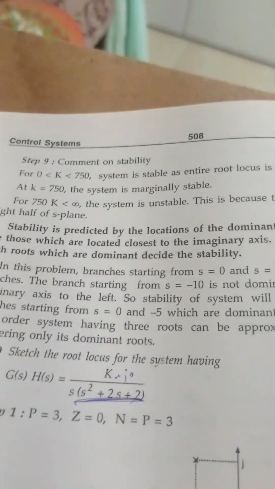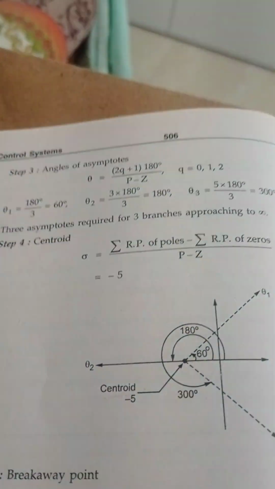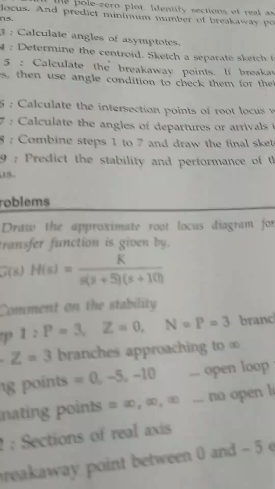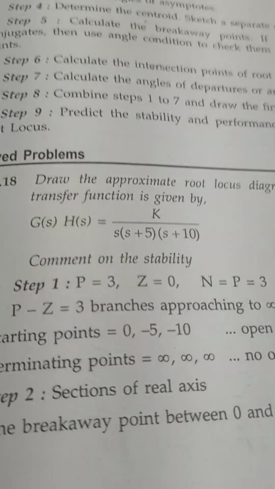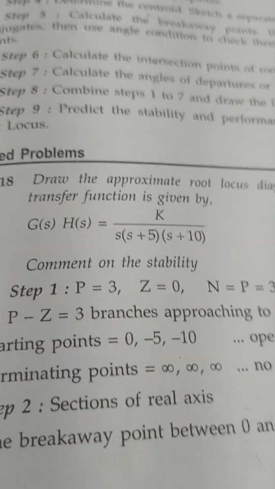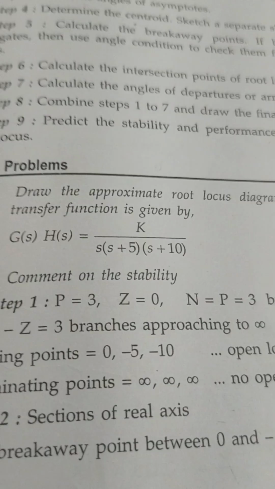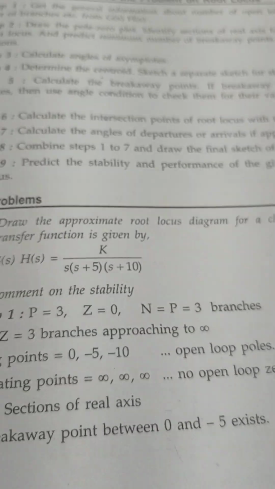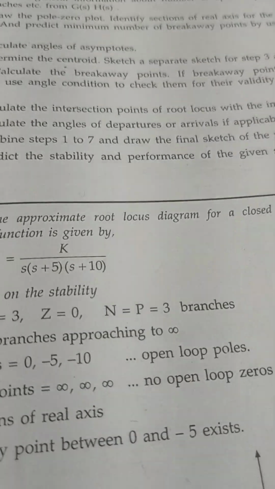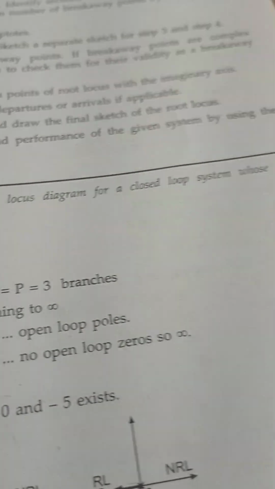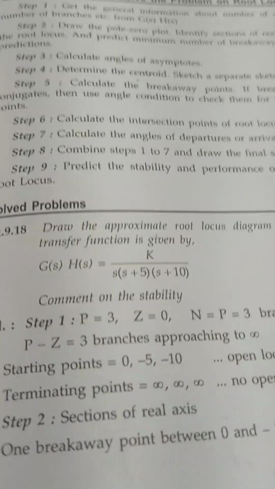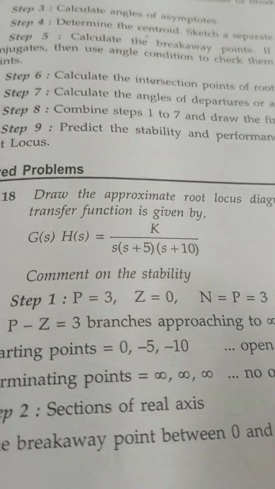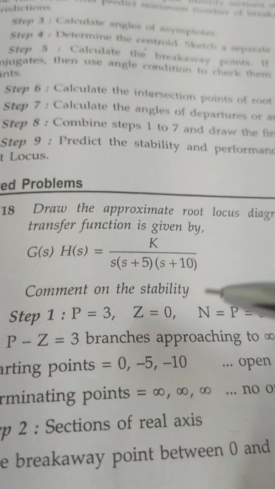Such problems may also be asked in the exam. For example, they will give an equation and ask you to draw the approximate root locus diagram of a closed loop system whose loop transfer function is given by this equation, and comment on the stability.